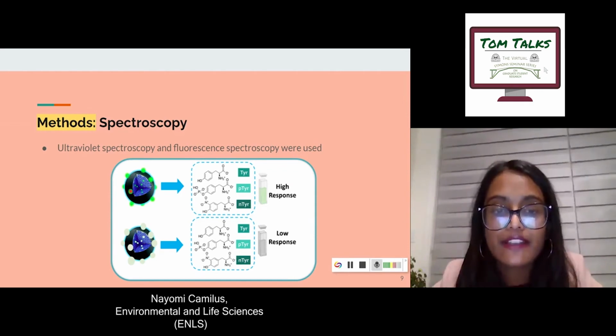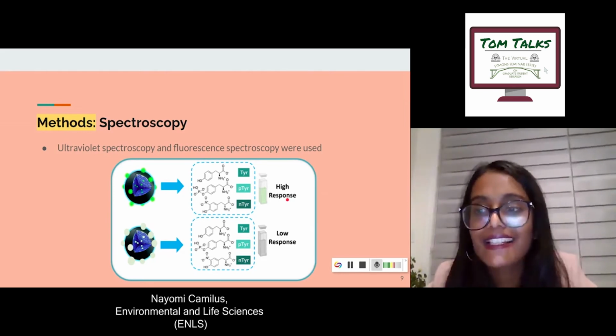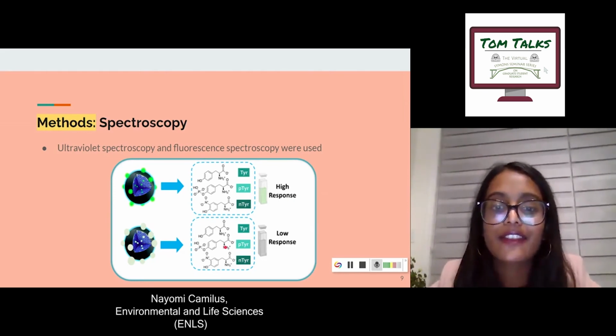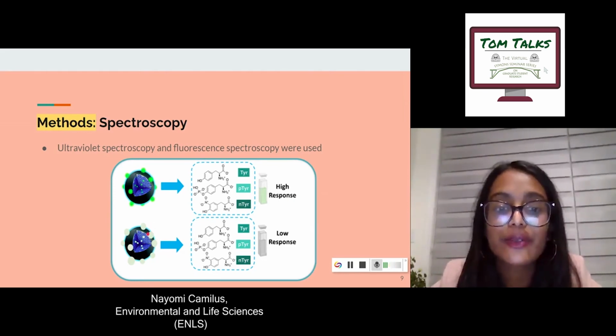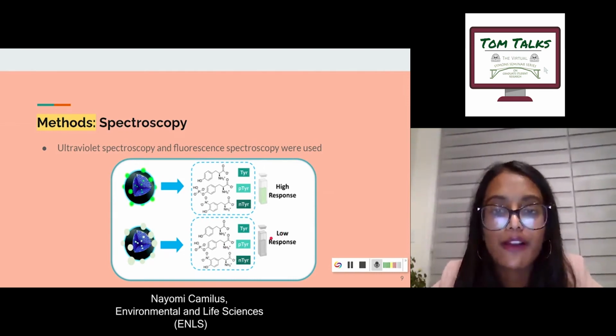They're green, and you can see how when we add either tyrosine or phosphotyrosine, we expect to see a response. So either a high response where nothing happens to the carbon dots, or we see a low response, as in the actual amino acids decrease the light and then show a low response. So that's what we will be measuring, and we will be showing that in the results section.